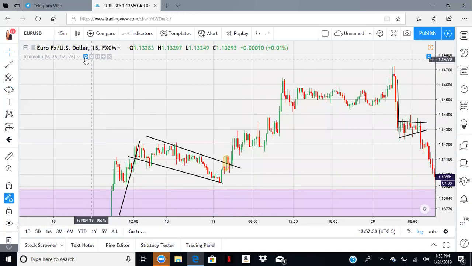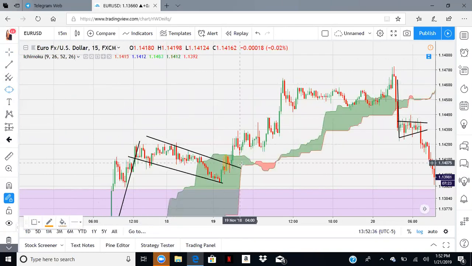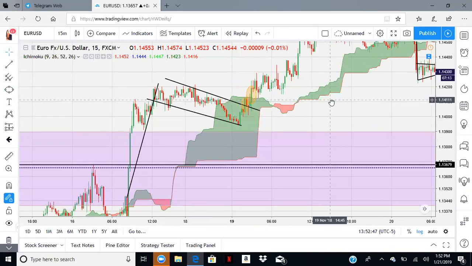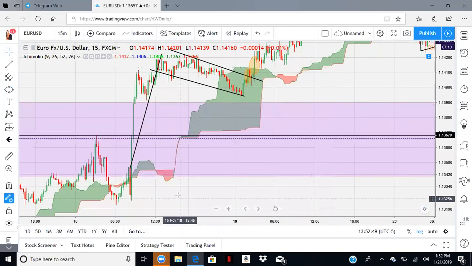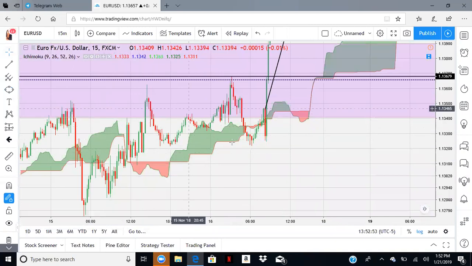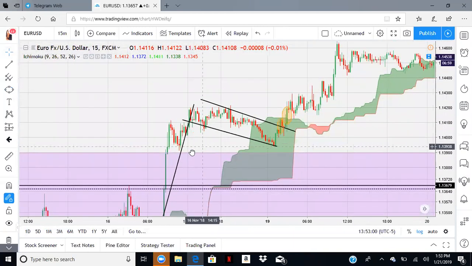Or with the cloud, it was this candle that broke out of the cloud. Green candle, green cloud. Now, I want you to understand, not every time you see candles go into the cloud and come out of the cloud, it's game time. Because look at over here. This is a lot of mess. It has to be consolidation. It has to be this flag pattern that goes into the cloud.